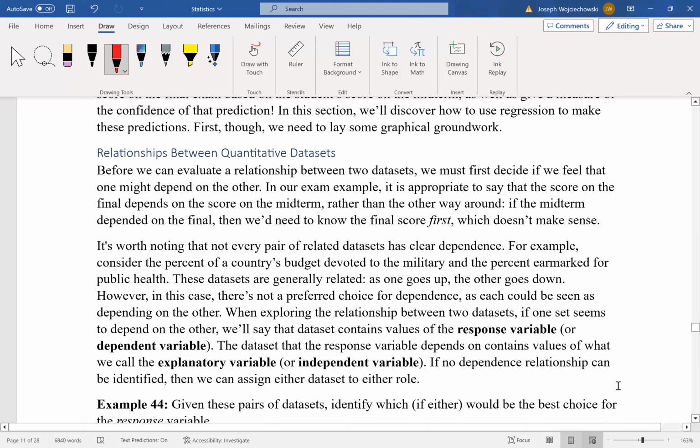So we're looking at a relationship between quantitative data sets. Now, before we evaluate a relationship between two data sets, we must first decide if we feel that one might depend on the other. In our example above, it's appropriate to say that the score on the final depends on the score on the midterm, rather than the other way around.